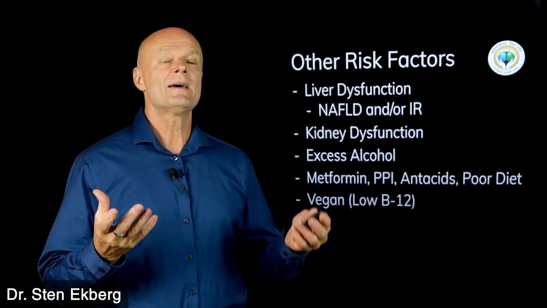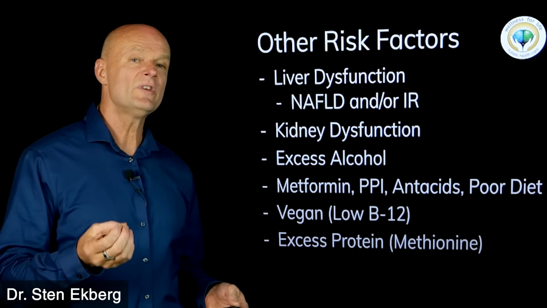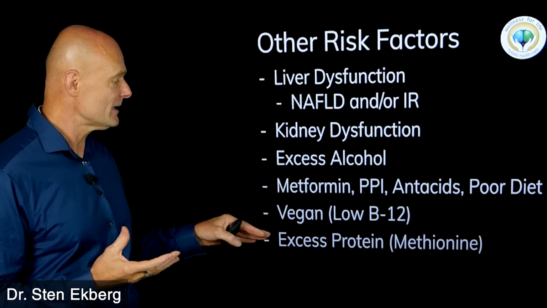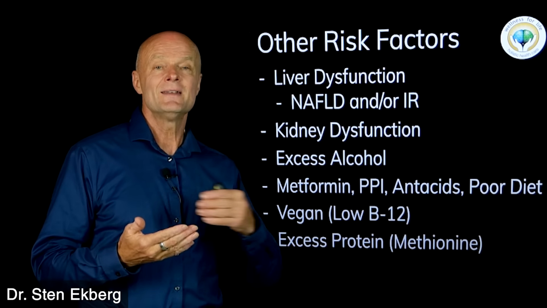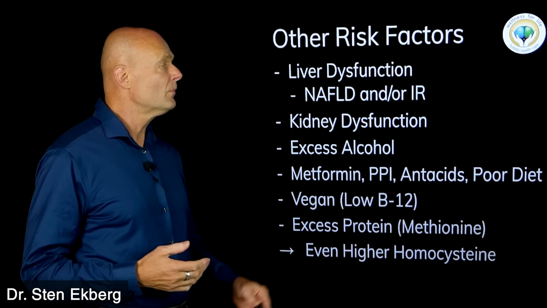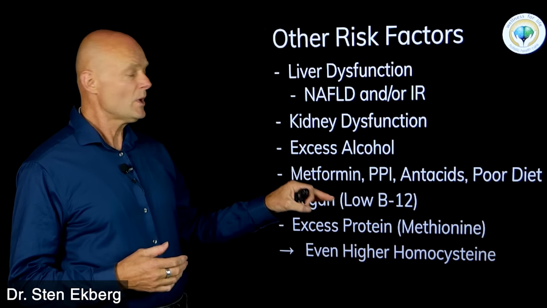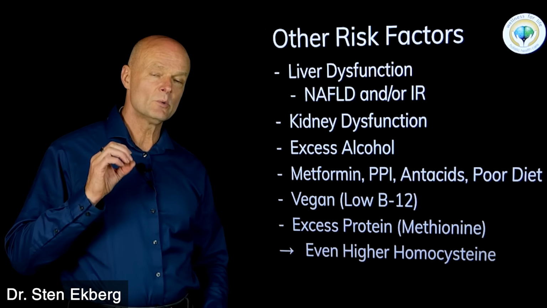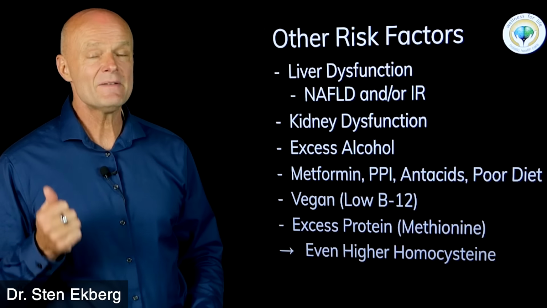So if you eat an outrageous amount of protein that contains methionine, then you could actually develop an excess that way also. So if you have one or more of these factors as well, that could bring your homocysteine levels up even higher.